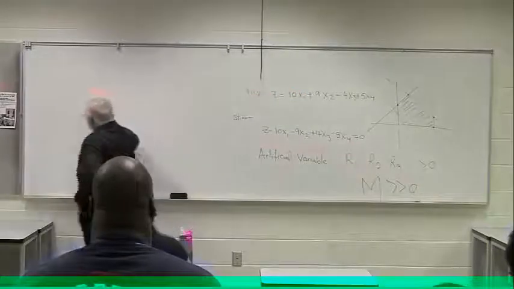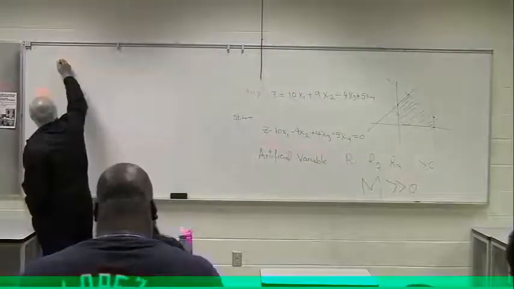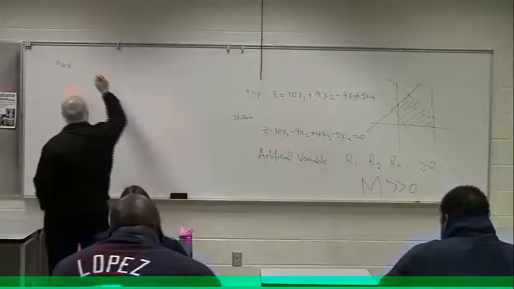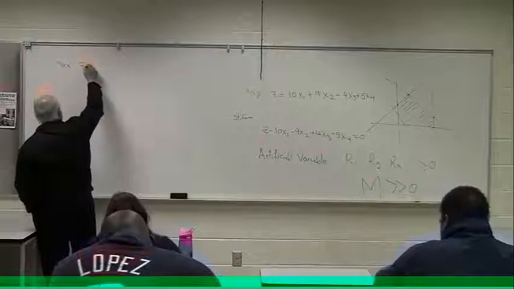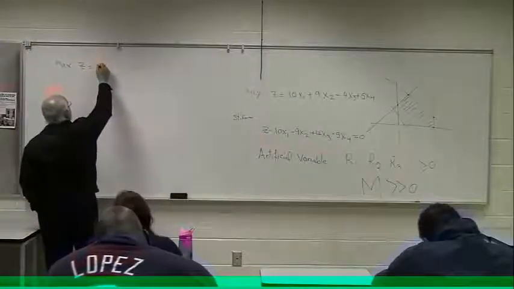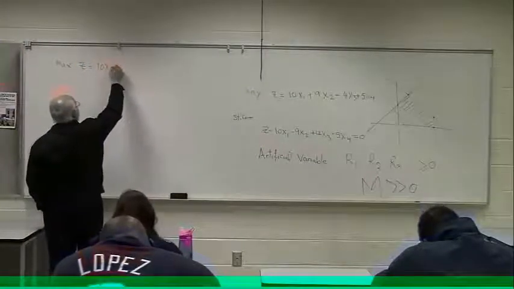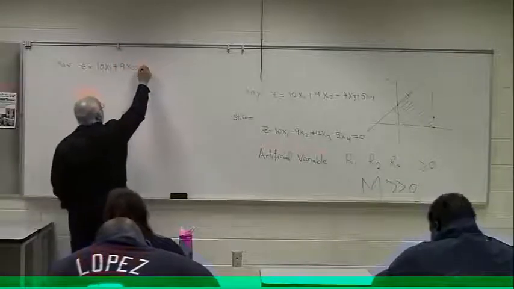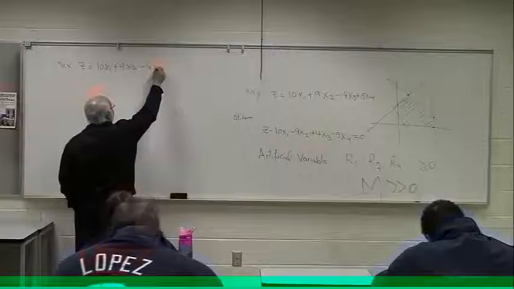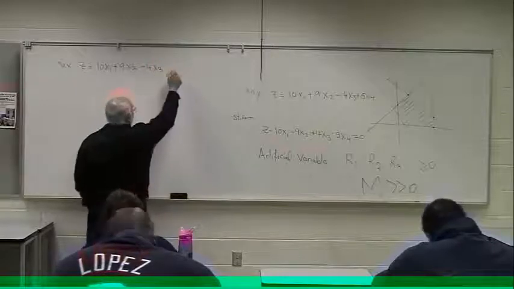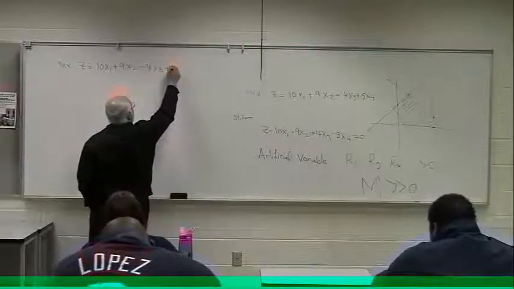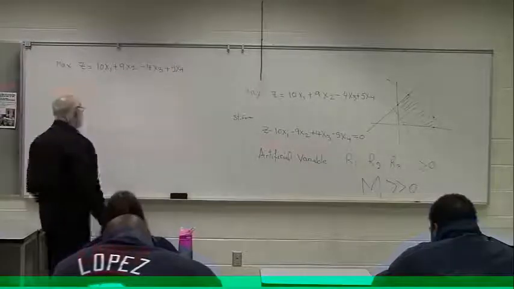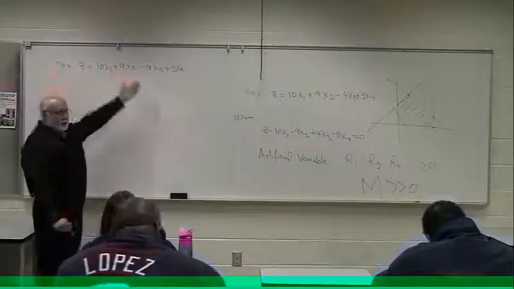So let's start doing an example. Maximize, we'll use the same thing. Z equals 10x1 plus 9x2 minus 4x3 plus 5x4. Maximize this.